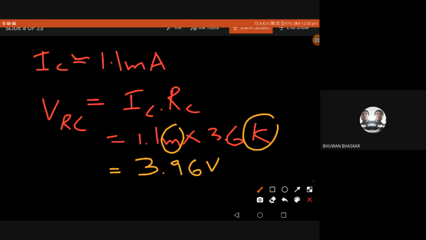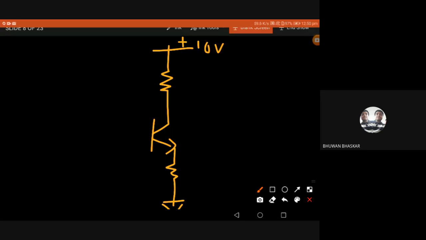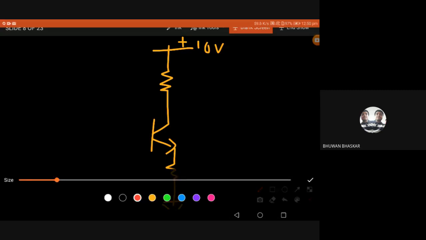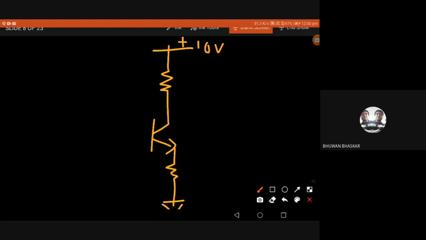So this is the voltage drop across the RC resistance. So what we got: 3.96 dropped across RC, then the collector-emitter of the transistor, then the resistance RE. This is VCC, 10 volt. Right now we have the voltage drop across RC, 3.96.